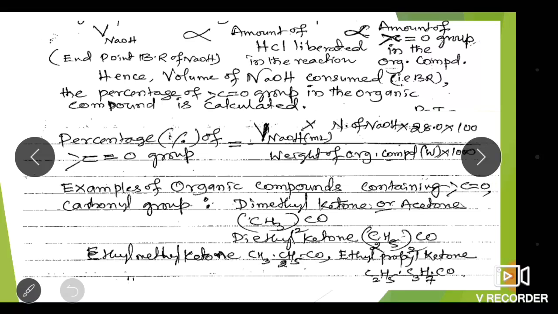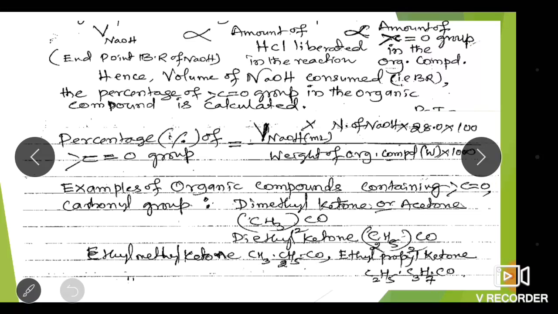Hence from the volume of NaOH consumed, that is the burette reading at the end point of the titration, the percentage of C=O group in the organic compound is calculated.